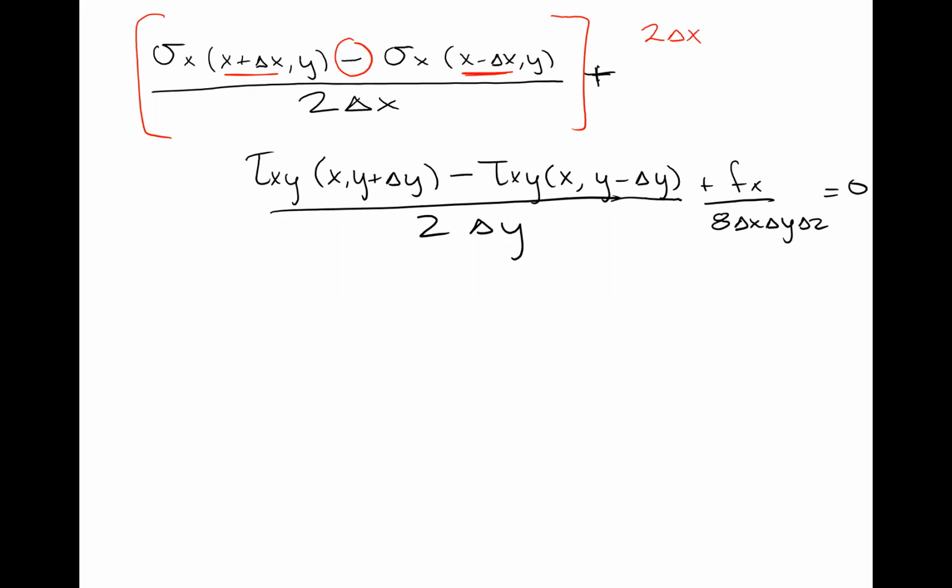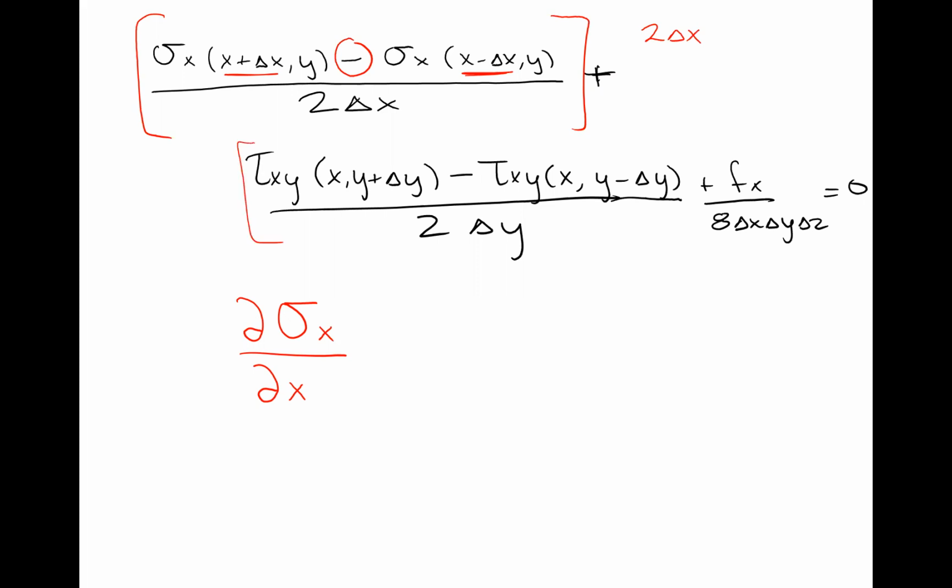And so it's the change in sigma x over that distance. We can also write that as del sigma x del x. So it's the change in our sigma x as we go from one side of the element to the other.